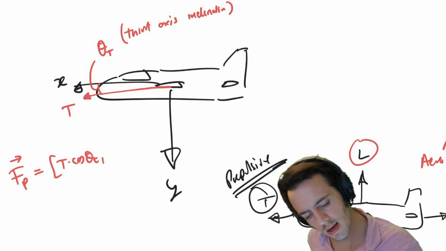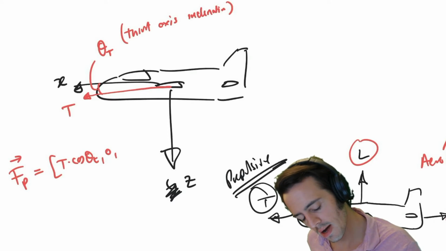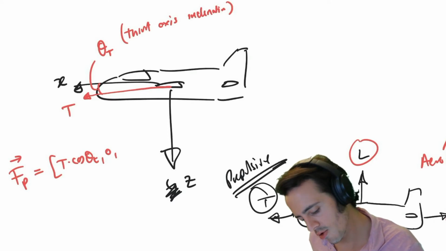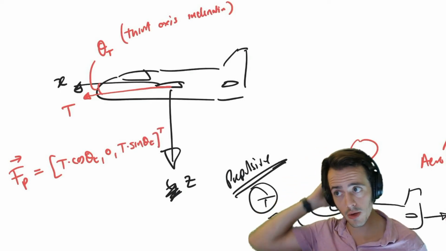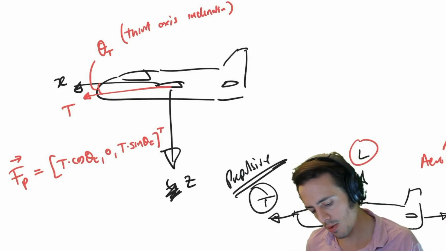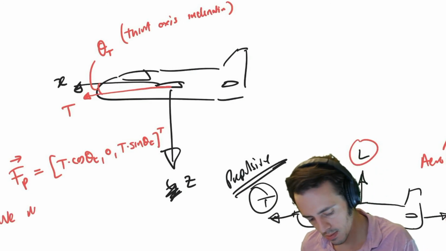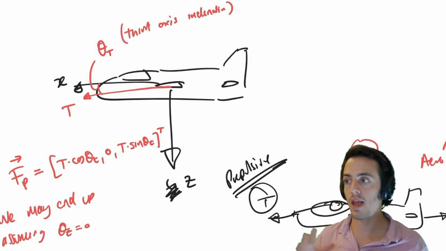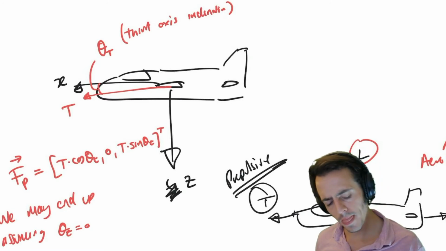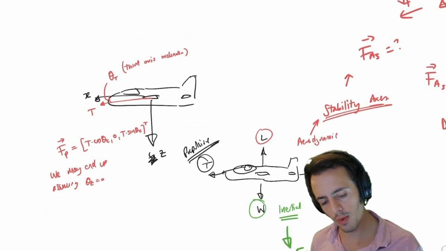I think I drew that as a Y there, that was silly, that should be a Z. No force in the y-axis, and then in the direction that I've drawn positive Z, we'll say T sine theta T. We'll probably end up saying, when we develop these equations of motion fully, that we may just assume theta t is equal to 0 for this, but we'll see where we get with this course.